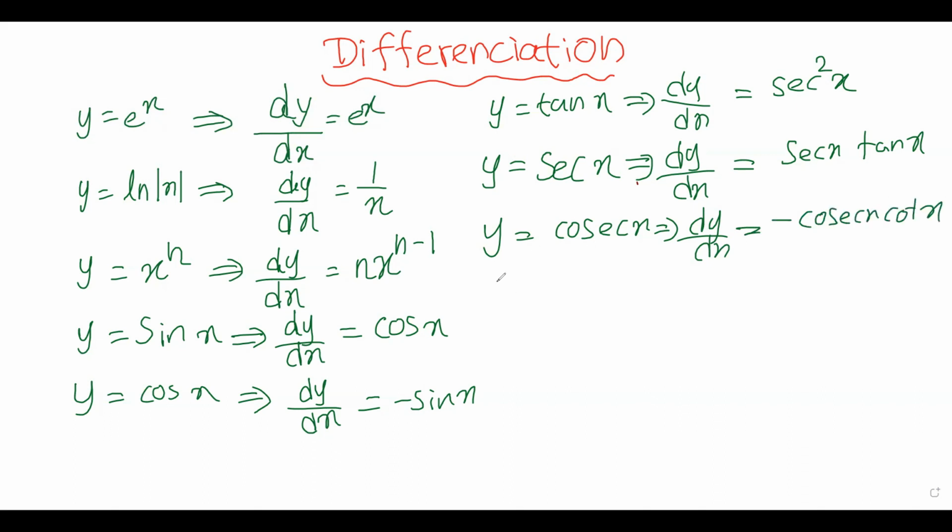If y equals cot x, dy/dx should be minus cosec squared x. It is cosec squared x, but it should be minus.